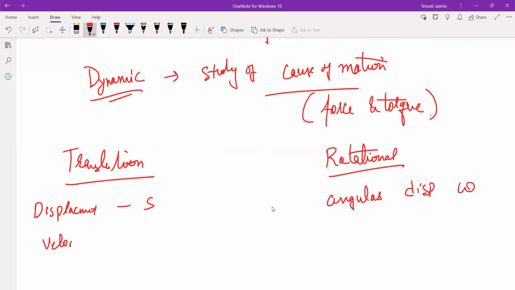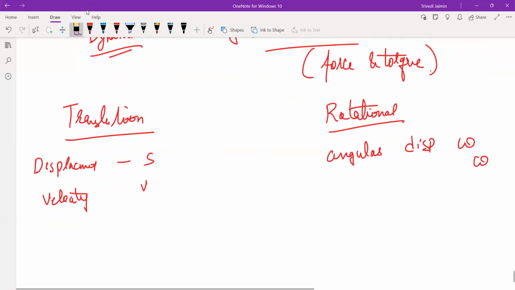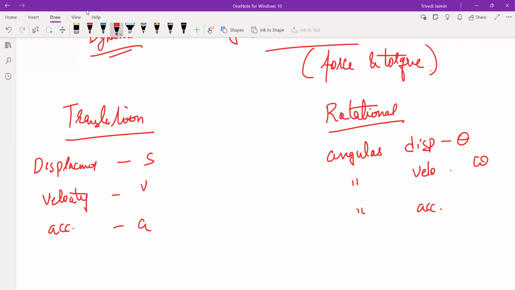Velocity v; here angular velocity omega. Acceleration a; here angular acceleration alpha.